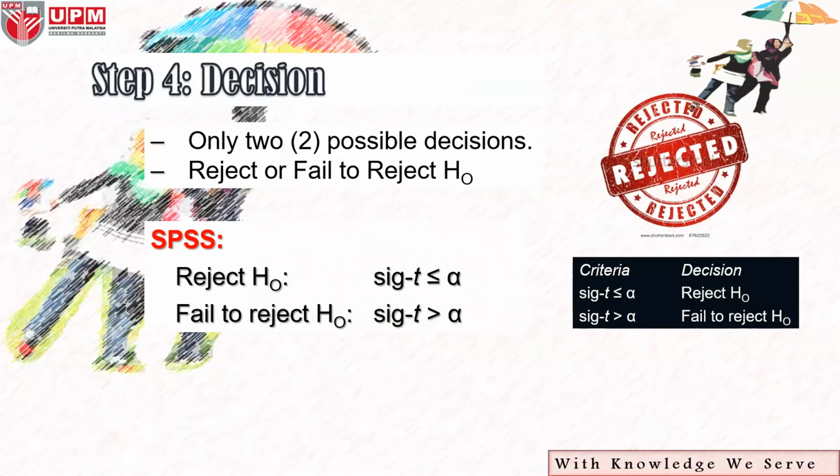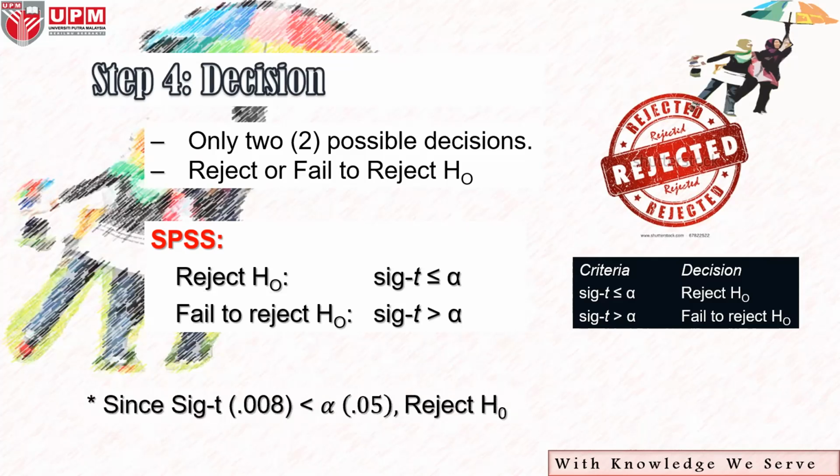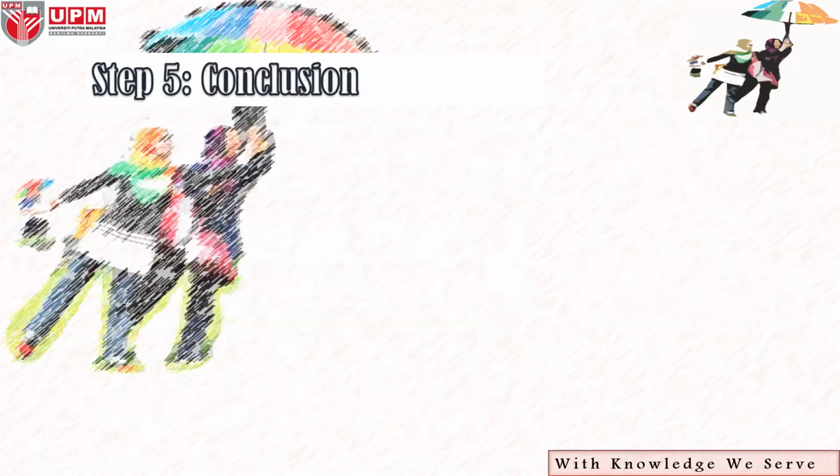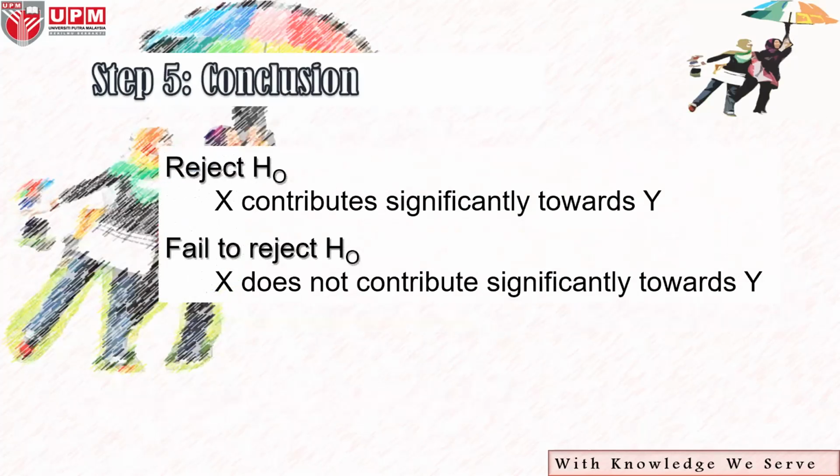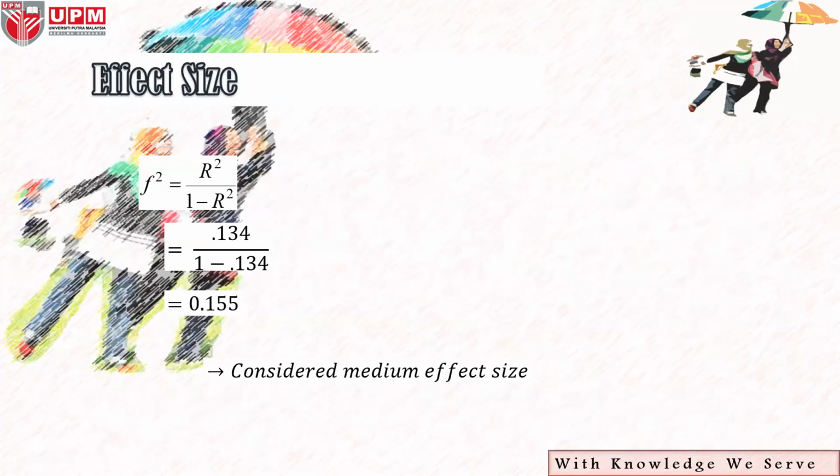Please remember the decision criteria. Since our significant T equals 0.008, which is lesser than alpha 0.05, we reject H-naught. We conclude that task-oriented coping contributes significantly towards philanthropic behavior. That is our finding. To report the effect size, we plug the value into the equation.